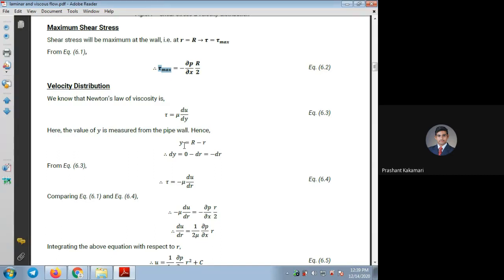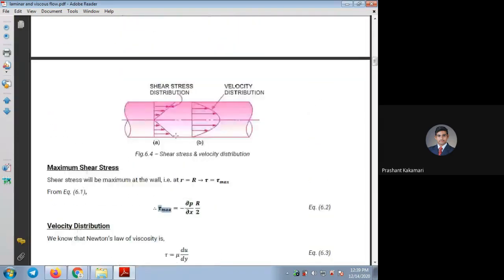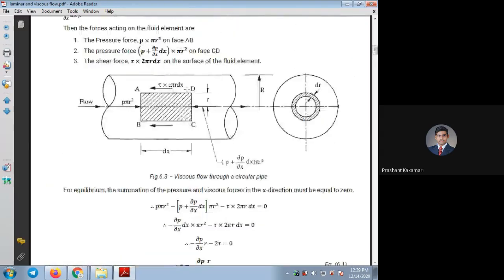for that we can consider the distance between the small element and the full pipe. I can write it as capital R minus small r, because we are focusing on the small element of the cylindrical object. So for this cylindrical object, I can find the distance between these two points, that is capital R minus small r.